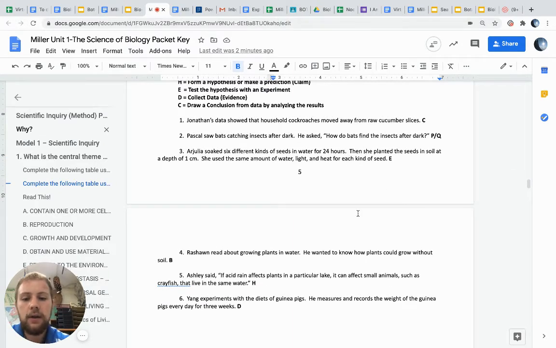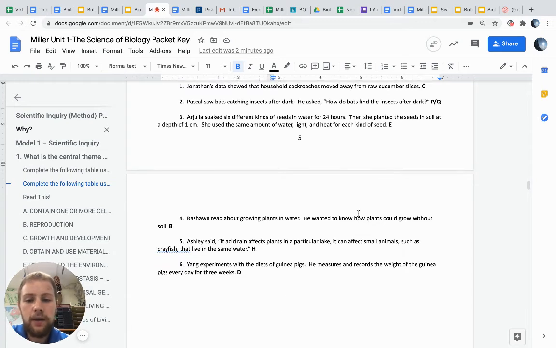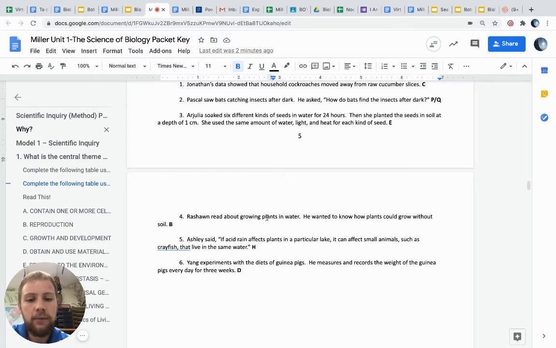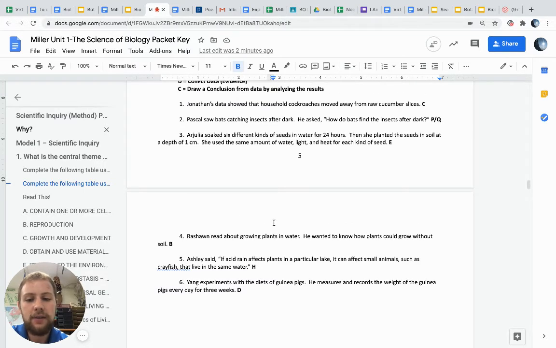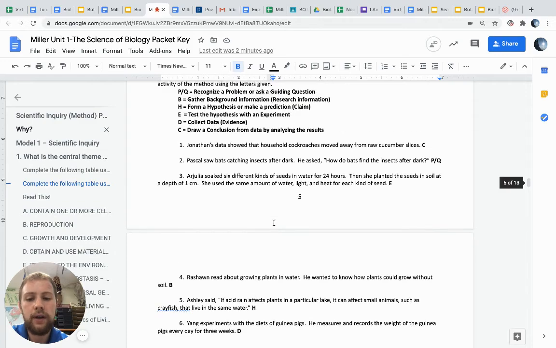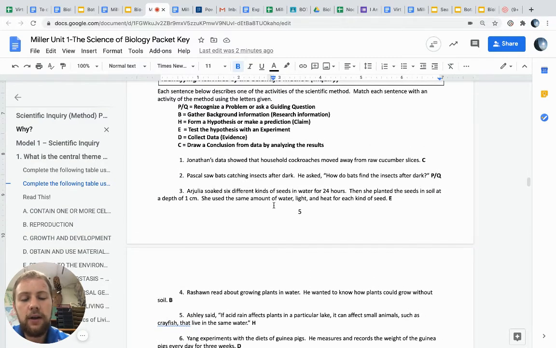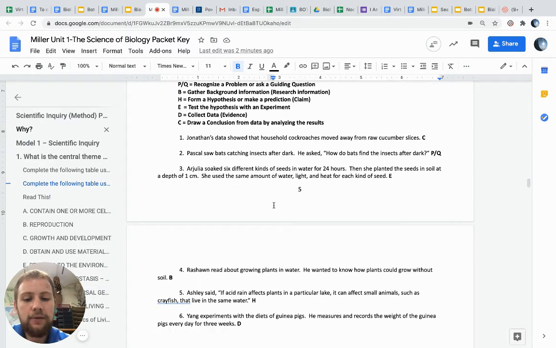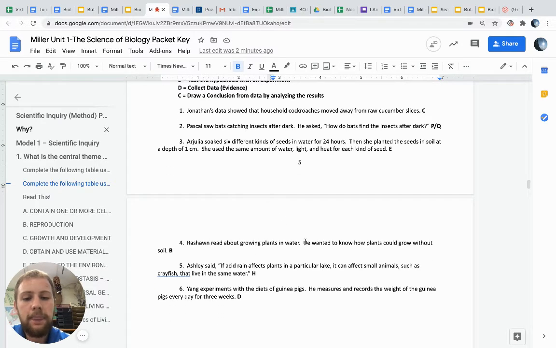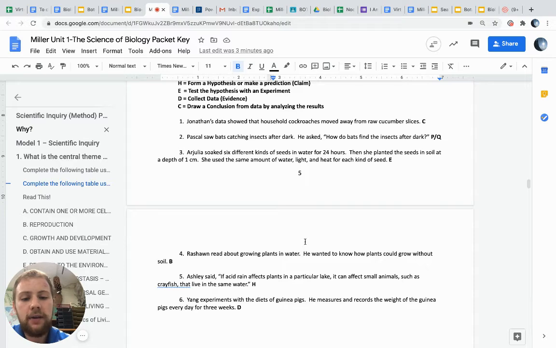All right, so number 4, Rashawn read about growing plants in water. He wanted to know how plants could grow without soil. All right, so that is like a question or a wondering. So we could think about this as a guiding question. However, it's not really a specific question.